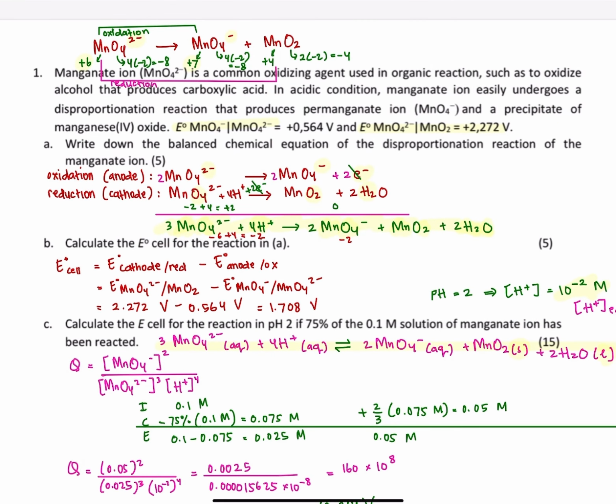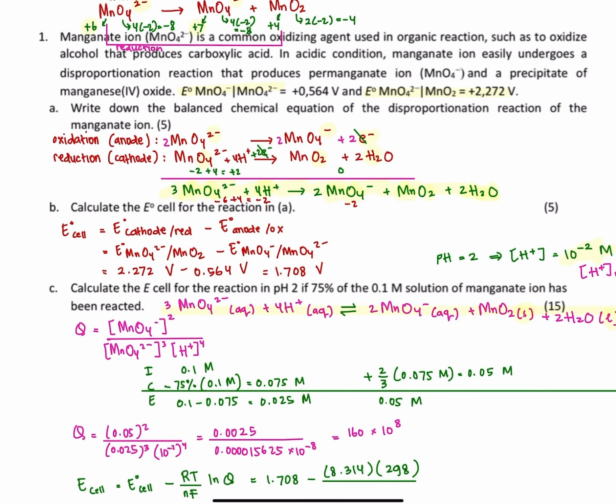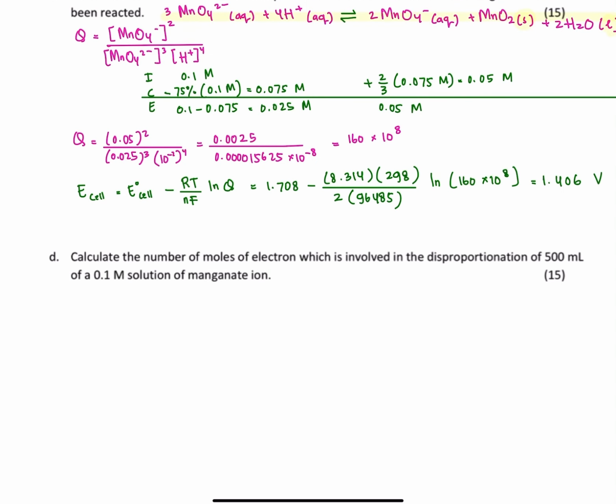Let's assume this is room temperature, so we have 298 Kelvin. And then here we need the n, which is the number of electrons involved in the reaction, and we know that it involves 2 electrons. So this one here should be 2, and then the Faraday constant, and then the ln Q. So here we have 1.406 volt.